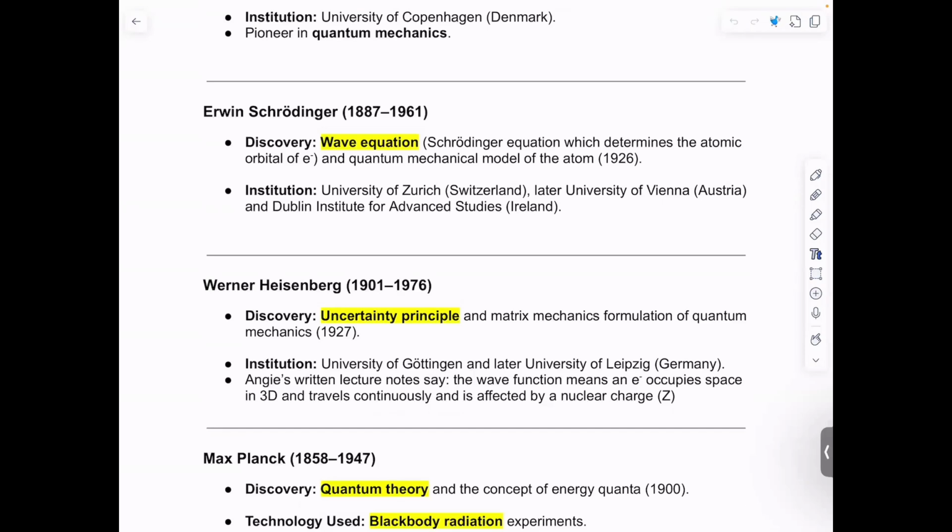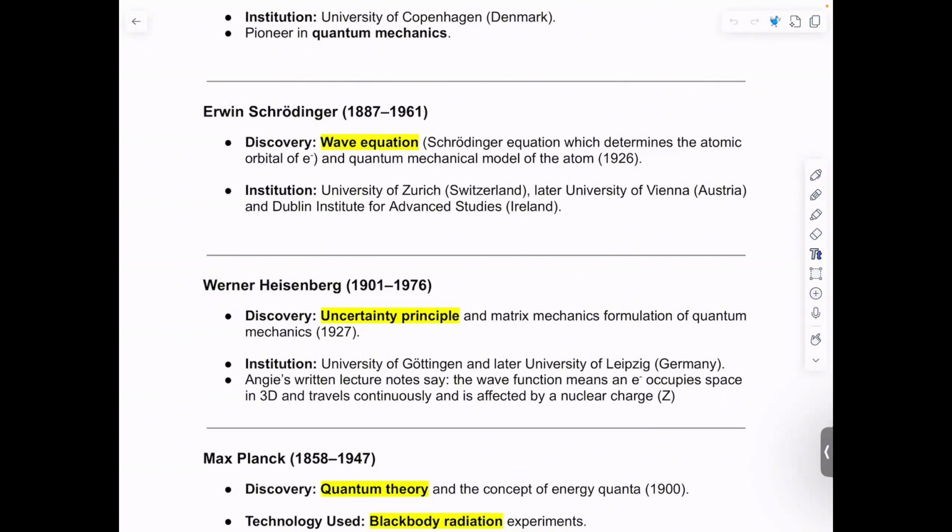So Schrodinger, he was out of Zurich, and he came up with the wave equation, okay? And this basically determines the atomic orbital of whatever electron you're looking at there. And then Werner Heisenberg, he had some formulas here to figure out.